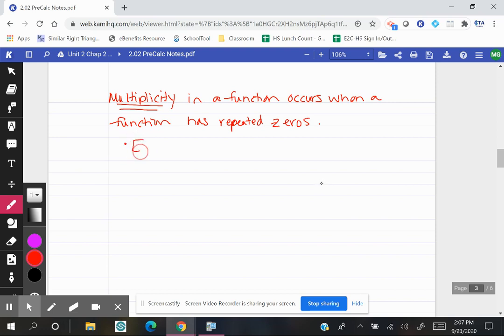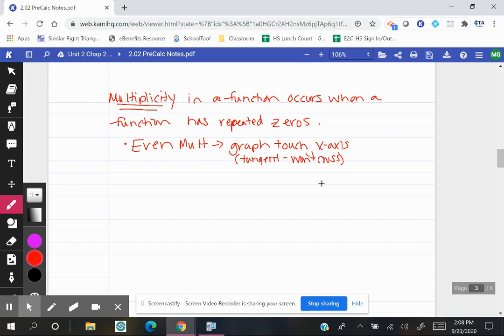If you have an even multiplicity, that tells you that the graph is going to touch at that point. So it'll touch the x-axis. It will not cross through it. So it'll be tangent. It won't cross.